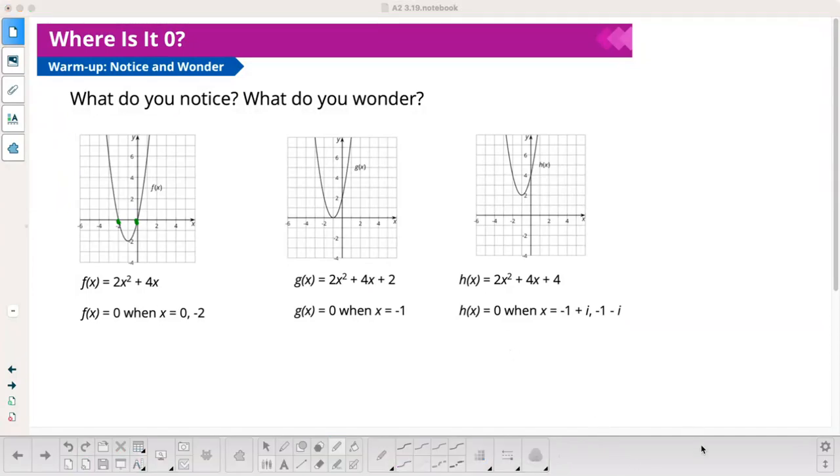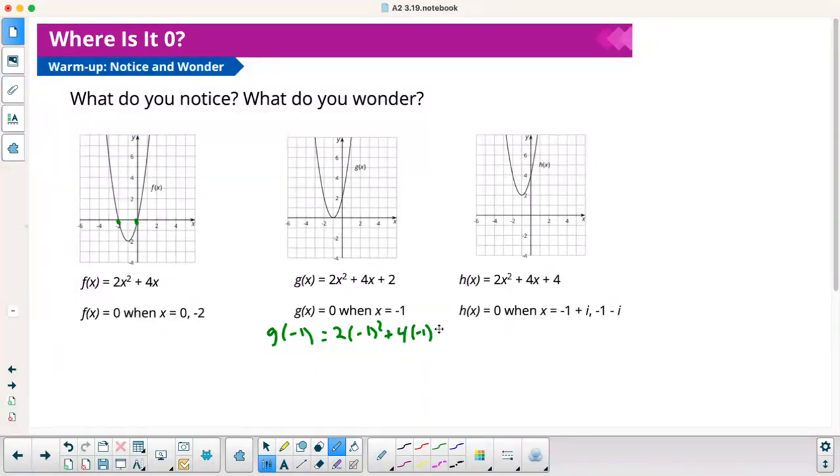Same thing here. g of x equals 0 when x equals -1. If I plug in -1, g of -1 is 2 times -1 squared, plus 4 times -1, plus 2. If I type it in my calculator, I should get 0. This would be 2 minus 4 plus 2.